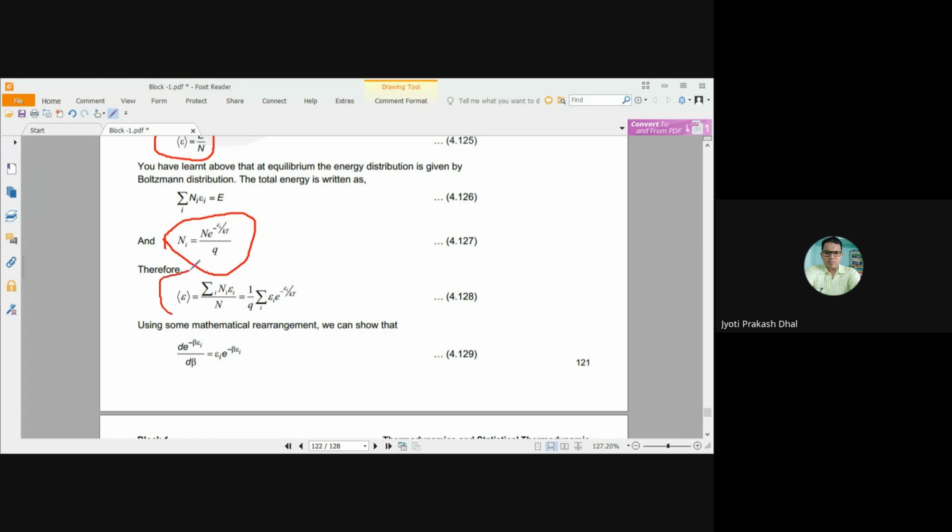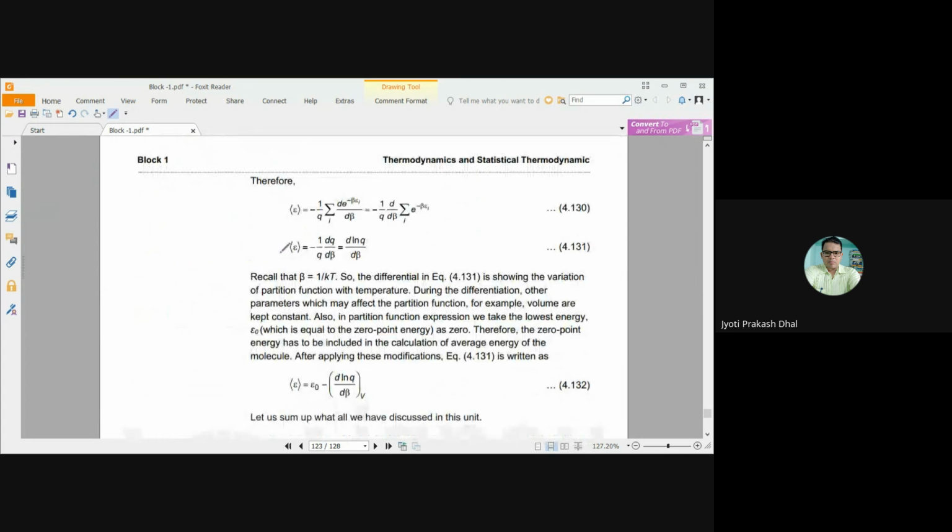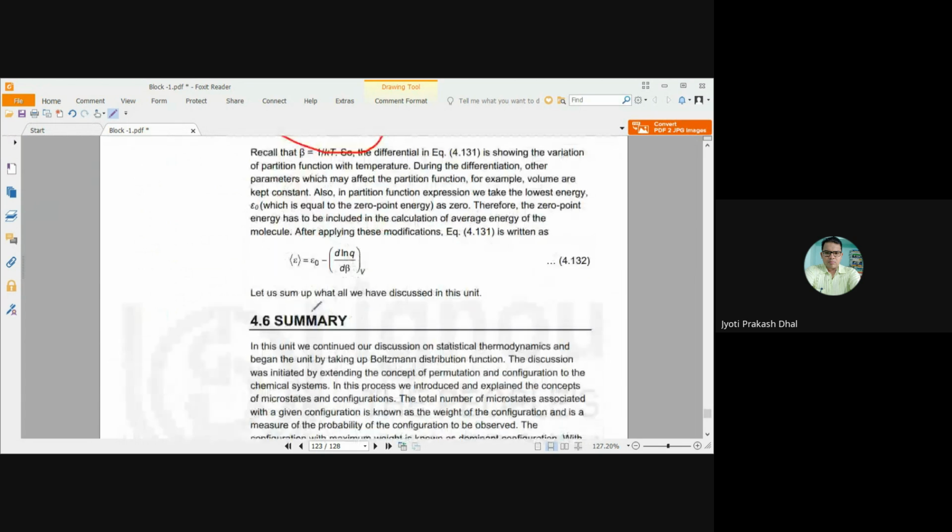Therefore, the average energy equals this one. Using mathematical rearrangement, we can write this. Therefore, the average energy equals epsilon 0 minus d ln q by d beta at constant volume.